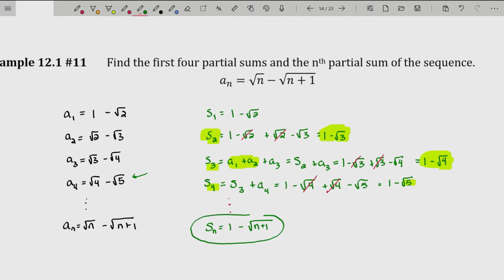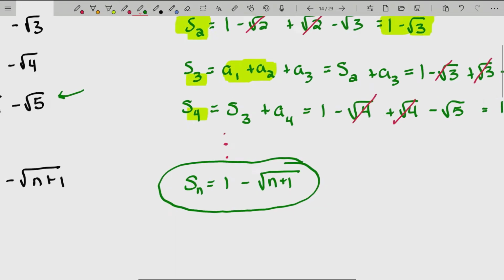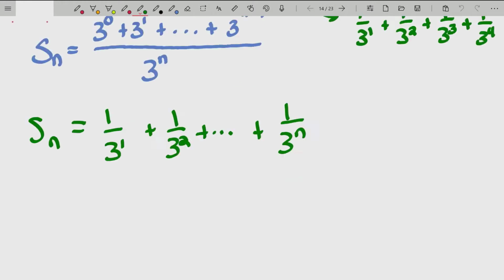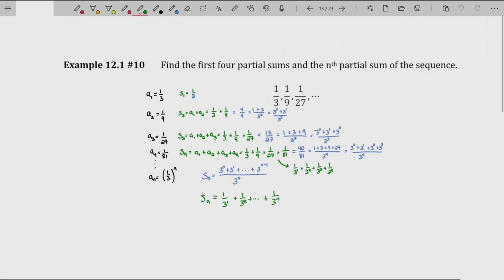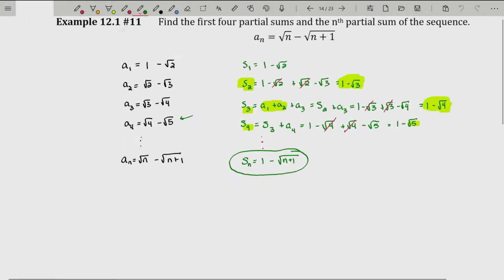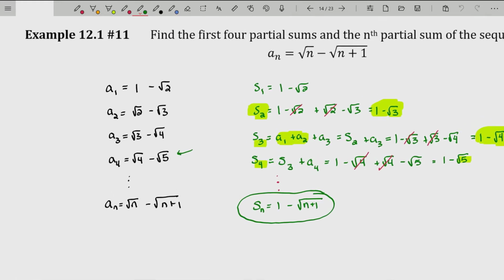It's one of those rare moments where you get a formula for the nth partial sum, rather than having to work through a big old mess like we did in the previous problem. We end up with a nice clean formula in this problem for the nth partial sum.